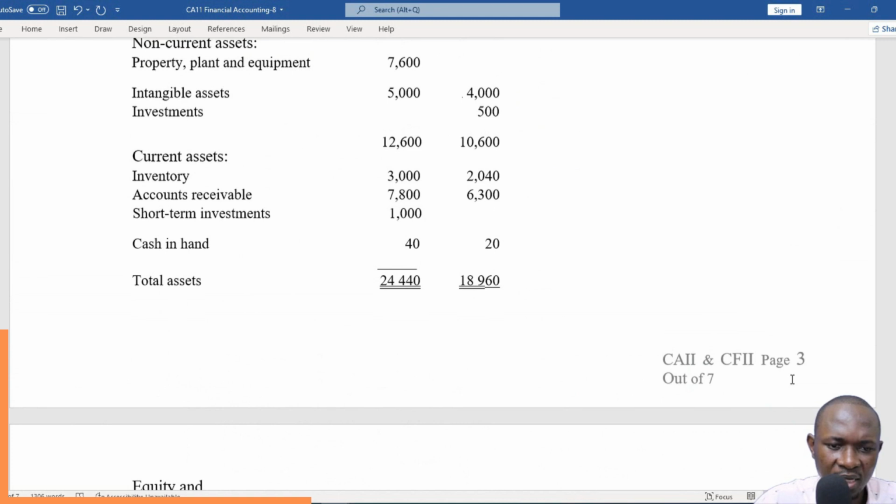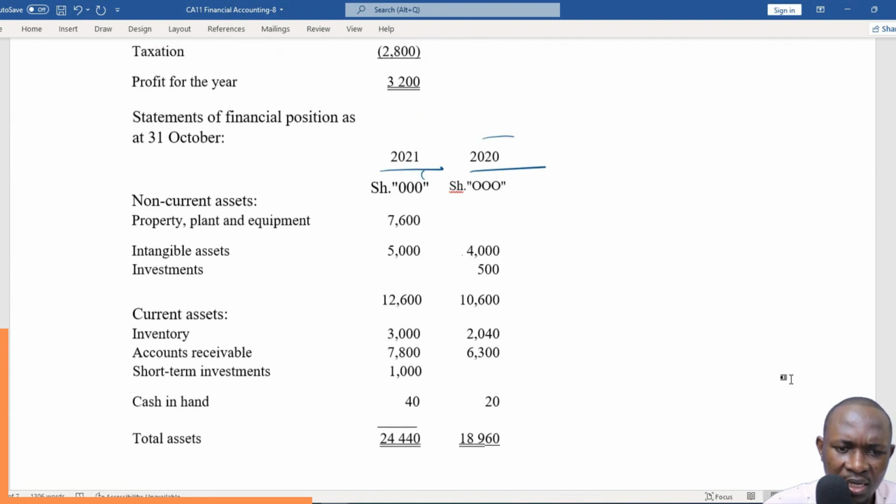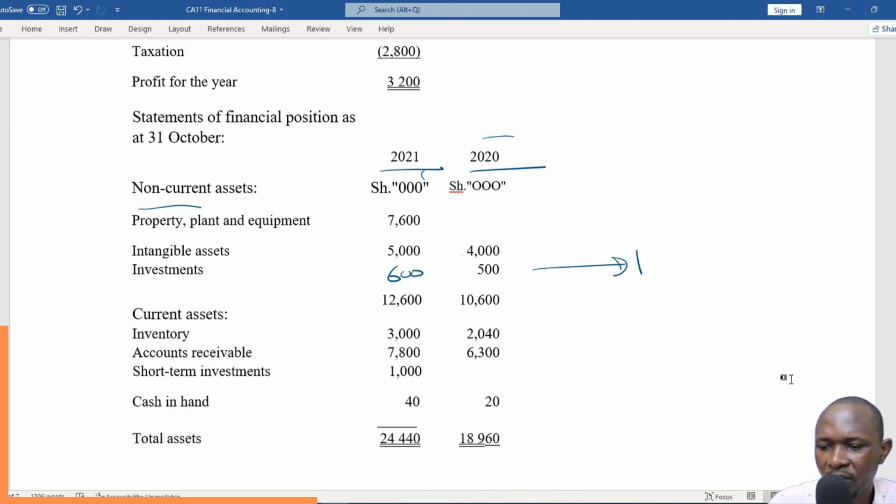So let's just go to non-current investment. Non-current investment, where do we have that? They are here. Non-current investment amounted to 600. So this asset was sold at 600. So that means there was a profit on sale of investments of 100, which is normally charged to the P&L account.